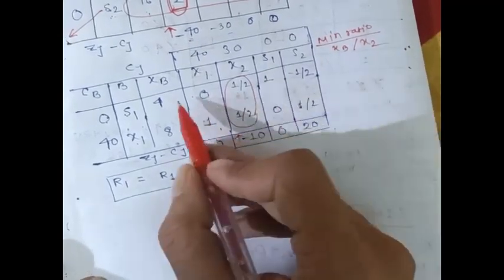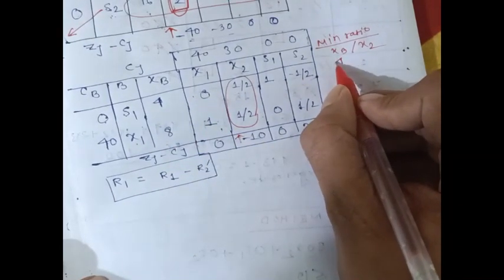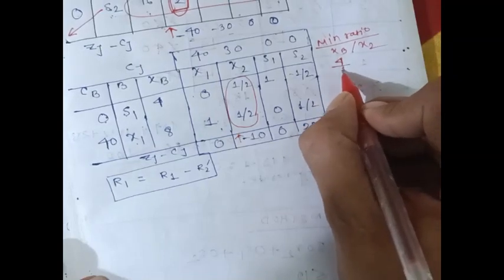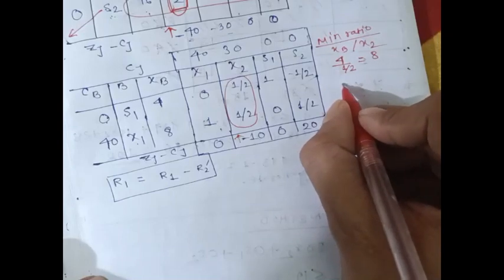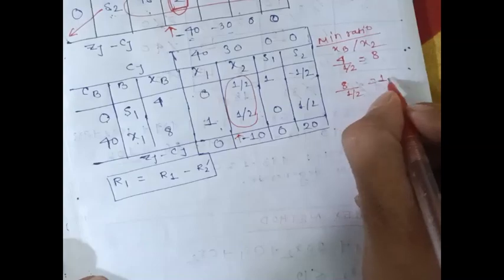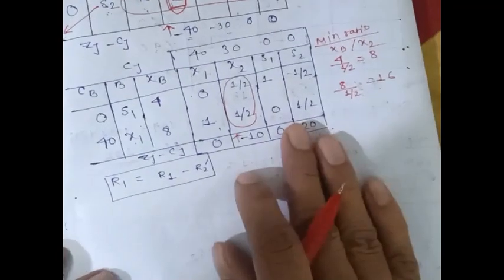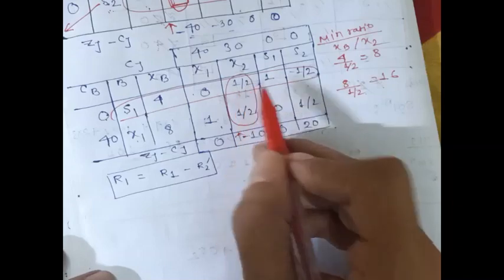So xb is 4, 4 by half, okay, that means it is 8, and 8 by half, so it is 16. So we will take this row. This will be our key row, and half is the key element.